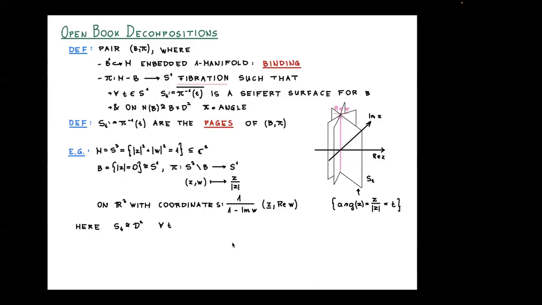So if you want to draw it in R3, then you have to use some sort of map of this C2 into R3, and this is the map I'm going to use. This is not very important.